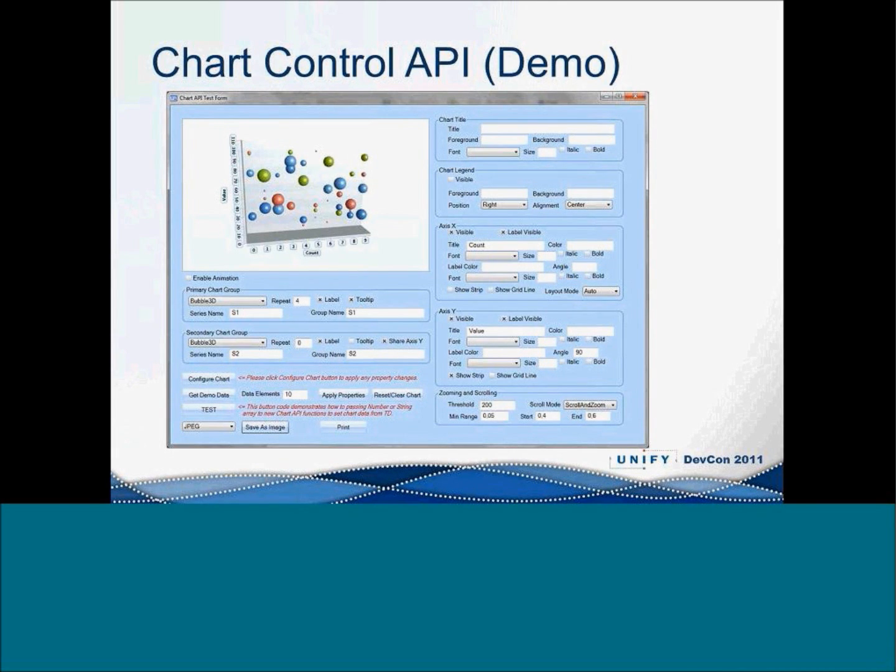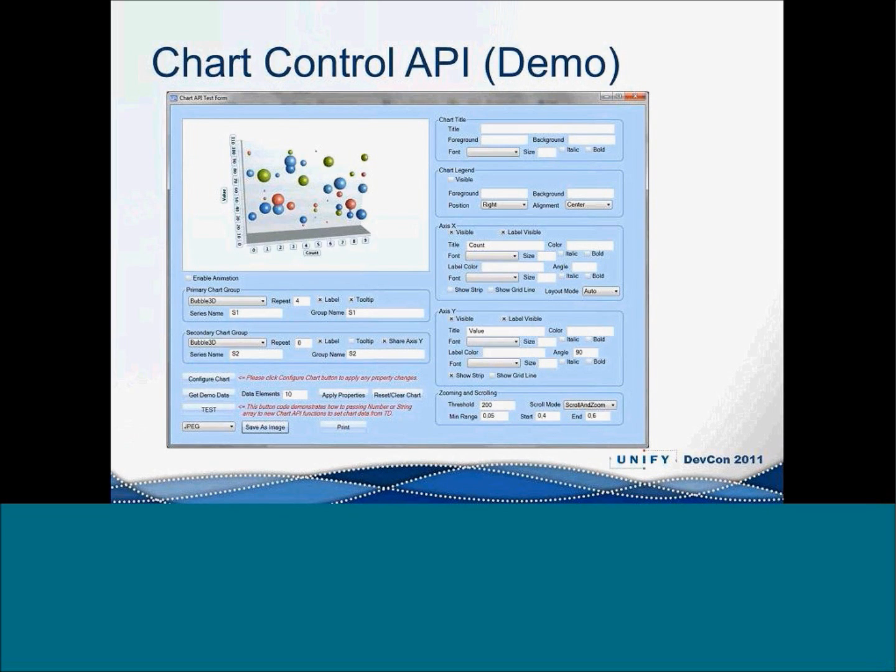That means, for example, I set up a bubble 3D, and I want to have 3 record sets, and I want to show tooltips and labels and so on. And at this point, I can try out how this new charting control is working. And maybe if I find a new, very useful function, an API call, I can copy and paste this function into my new application, and it will immediately work.